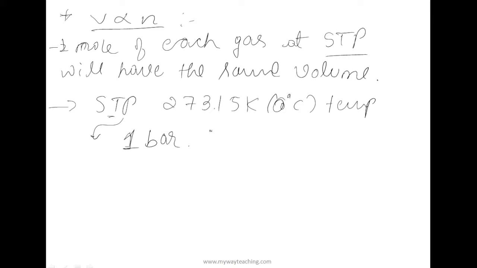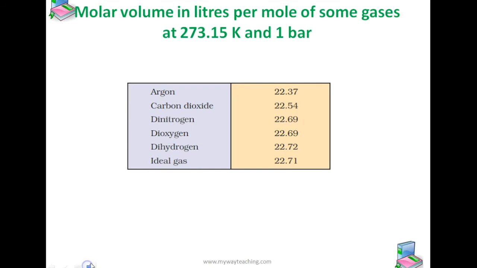This is the molar volume in liters per mole of some gases at 273.15 Kelvin and 1 bar: argon, carbon dioxide, dinitrogen, dioxygen, dihydrogen and an ideal gas.